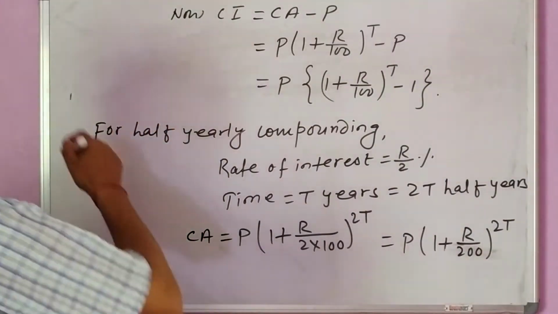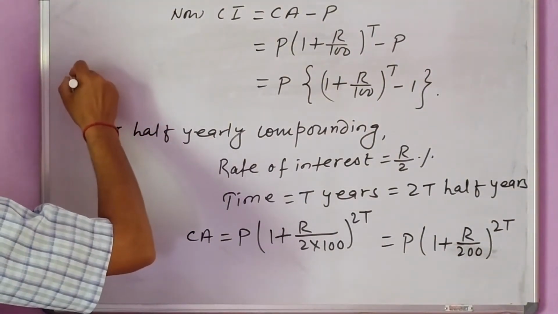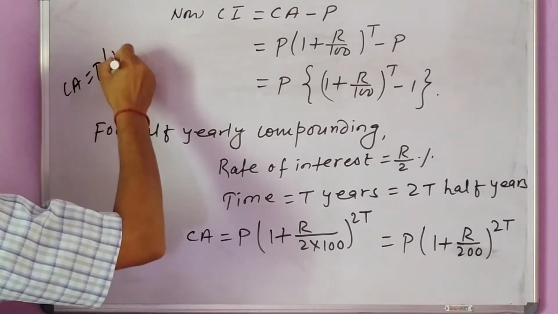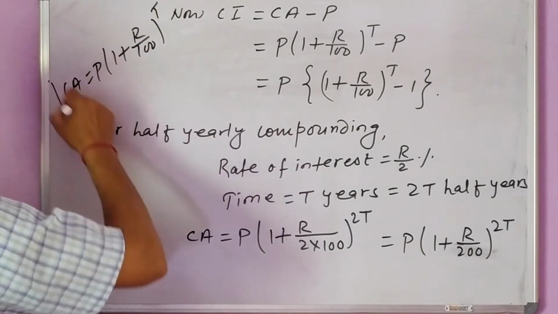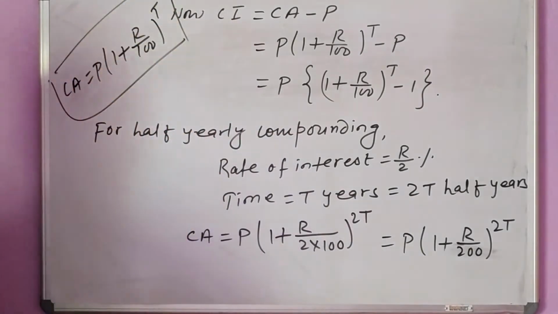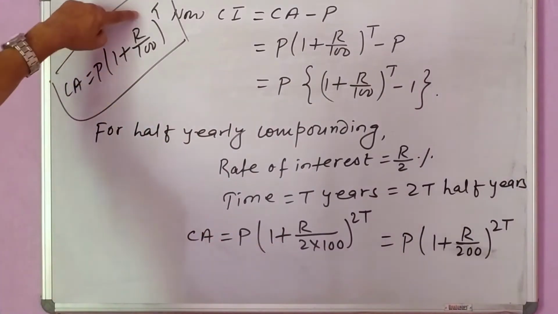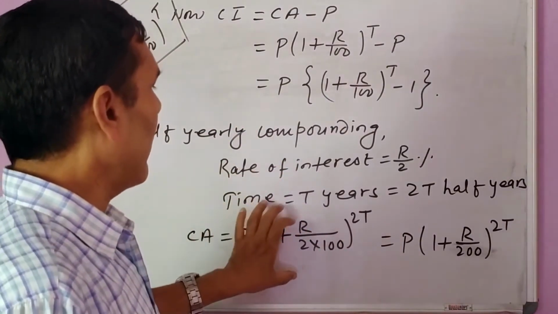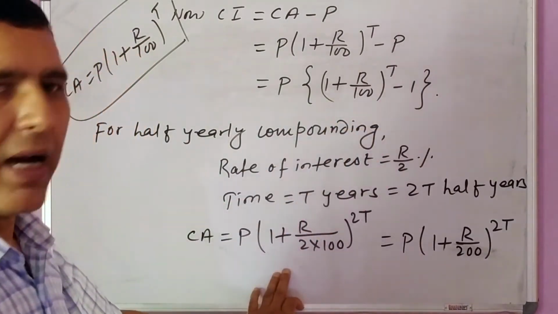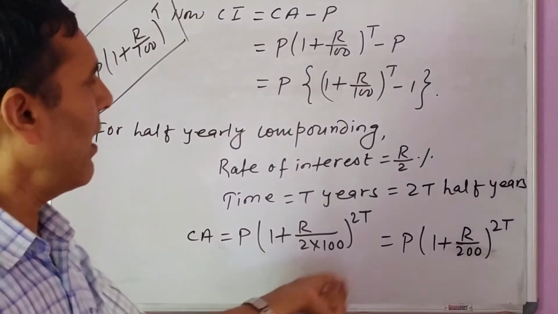Look here, we have the compound amount formula for yearly compounding as P times 1 plus R upon 100 to the power T. In this formula, if R is replaced by R by 2 and T is replaced by 2T, because for half yearly compounding, rate of interest will be half of the rate of interest of yearly compounding, and in T years there are 2T half years.